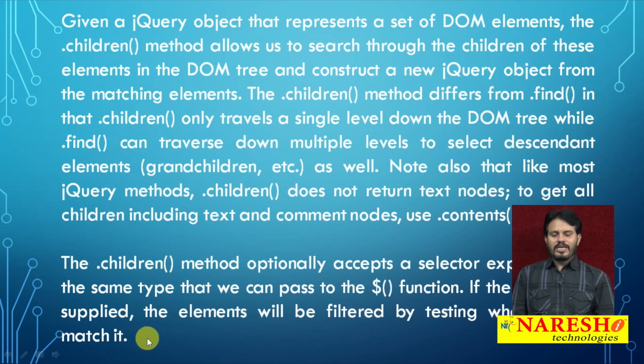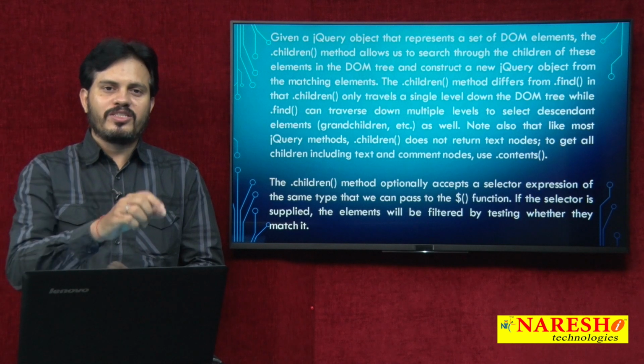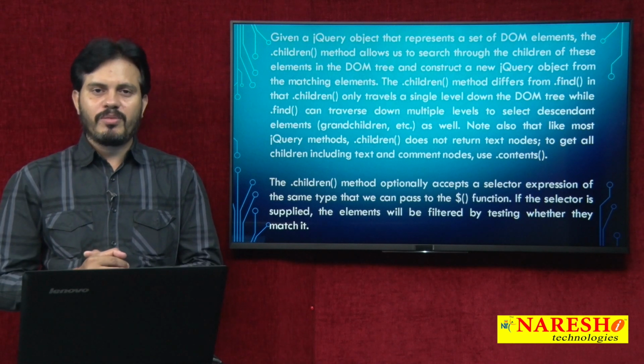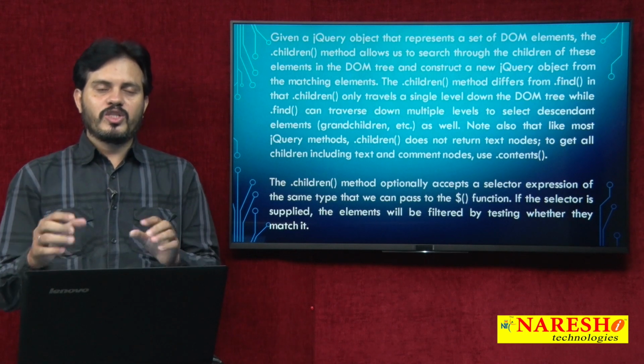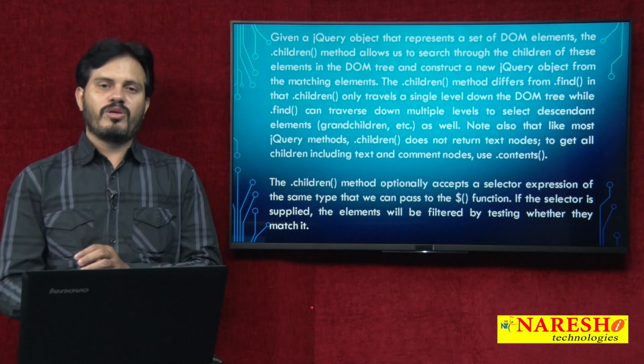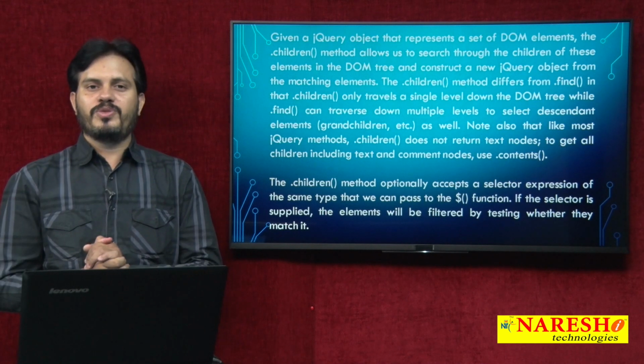So let us implement this children method to work on the children elements of each element in the set of matched elements, performing some operation at runtime when the document gets ready, as well as on some other action, like whenever the user clicks on a button or mouses over any element object.